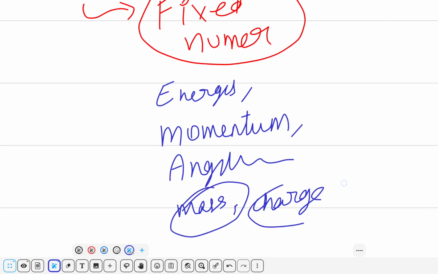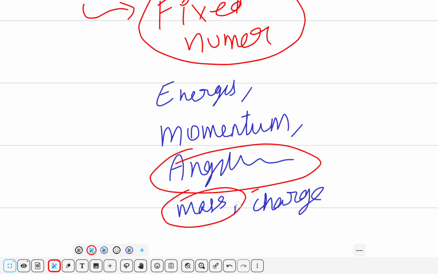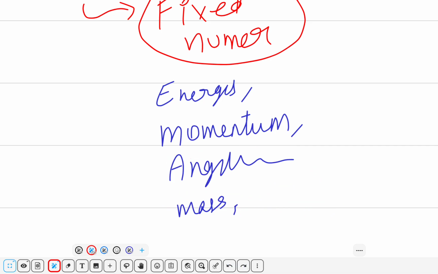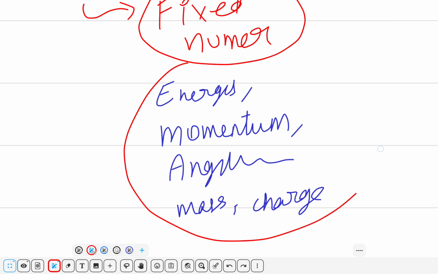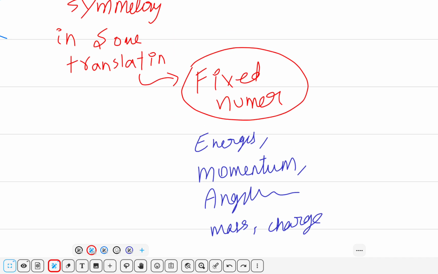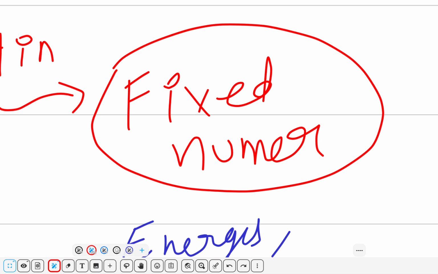Some of these are fixed only from a certain point of view. If you change the point of view, they may not be fixed. By fixed, I mean that if two people see it from the same point of view, they must see that it is not changing.